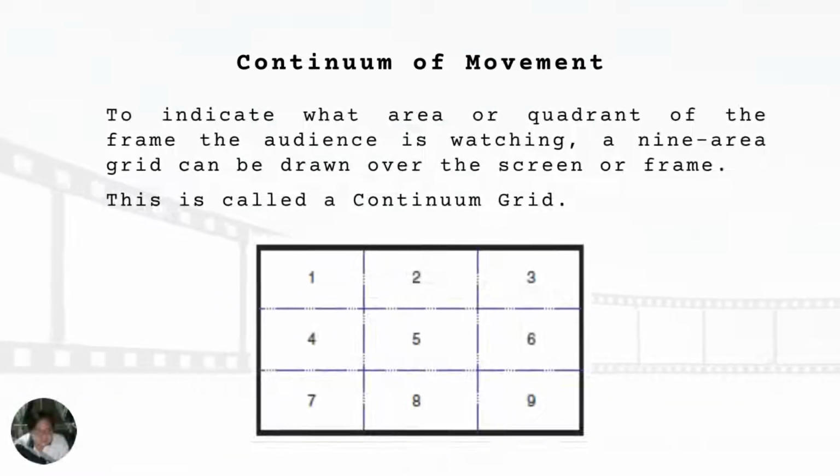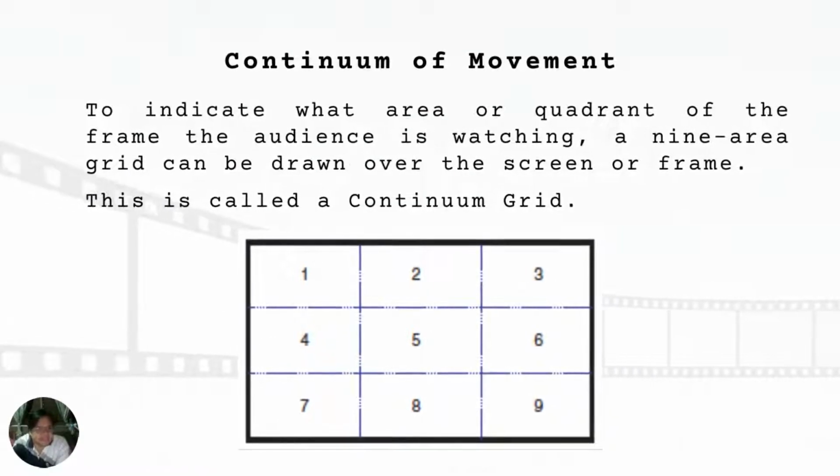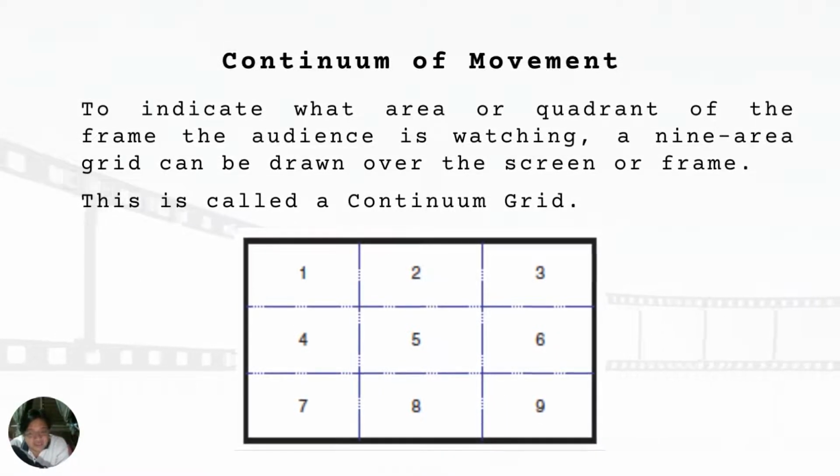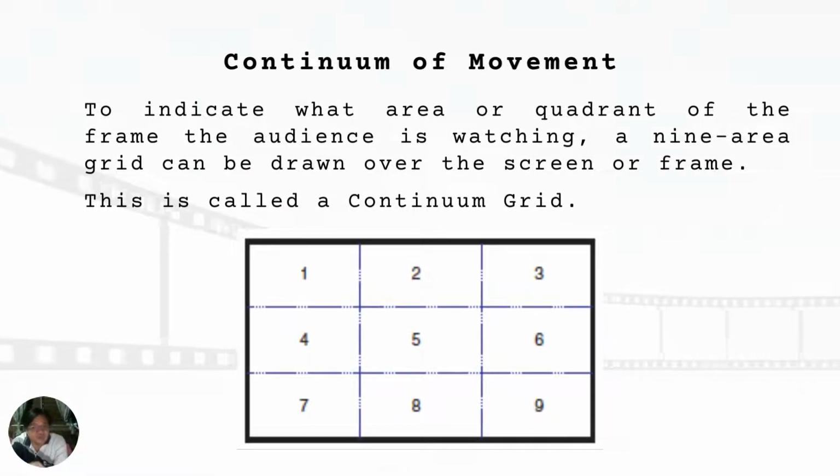Okay? Now, to indicate what area or quadrant of the frame the audience is watching, the 9 area grid can be drawn over the screen of the frame. Okay? So, nilagyan natin ng numbers. Okay? So, for reference, the quadrants are marked or are numbered 1 to 9.